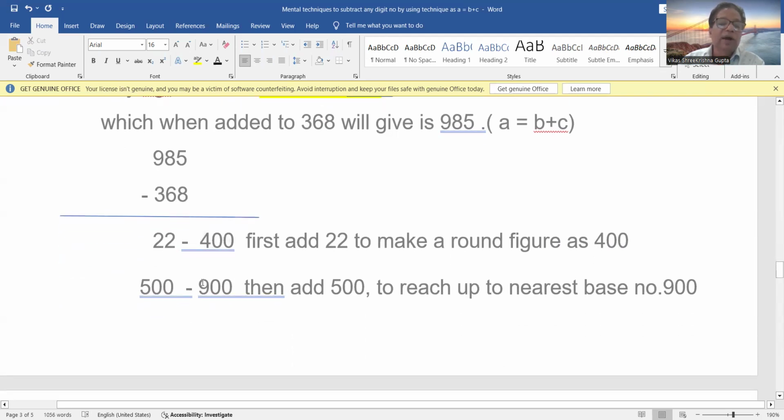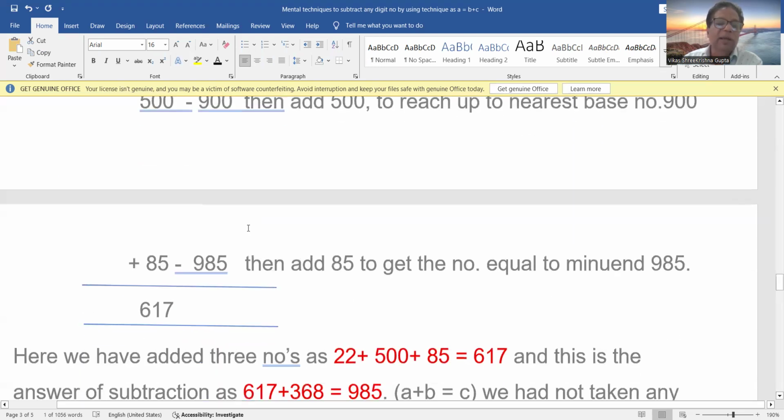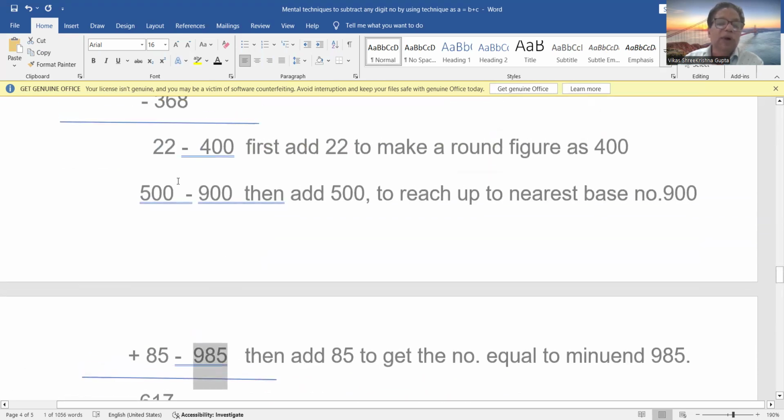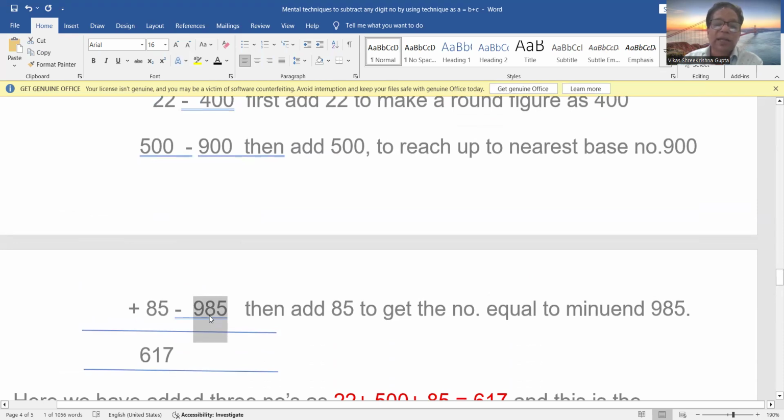Then I will add 500 to this 400 so that it becomes 900. Then I add the balance 85 and it becomes 985. Means after adding all these numbers, 22, 500, and 85, I get 985.